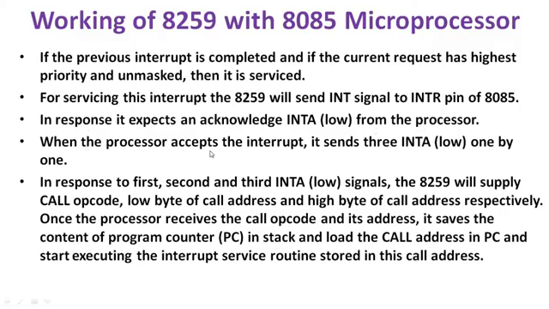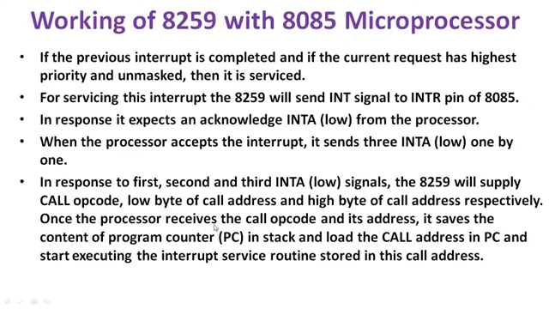When the processor accepts the interrupt, it sends 3 INTA signals one by one. These INTA signals are used to get the call instruction from 8259. The 8259 will send the complete call instruction along with the ISR address. In response to the first, second and third INTA signals, the 8259 will supply the call opcode, then the low byte of the call address and then the high byte of the call address respectively.